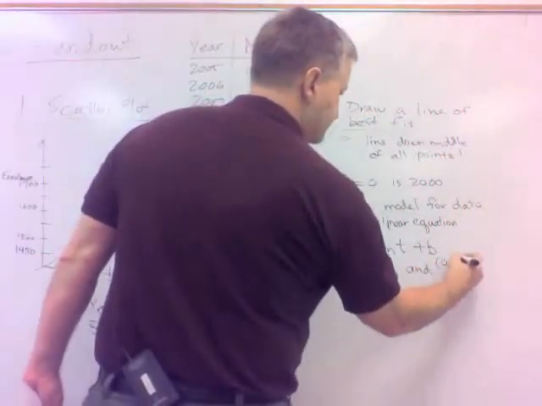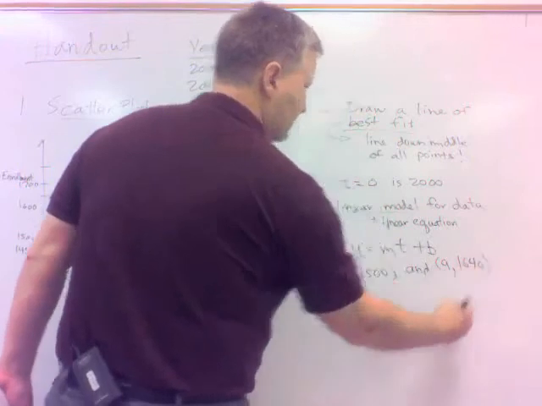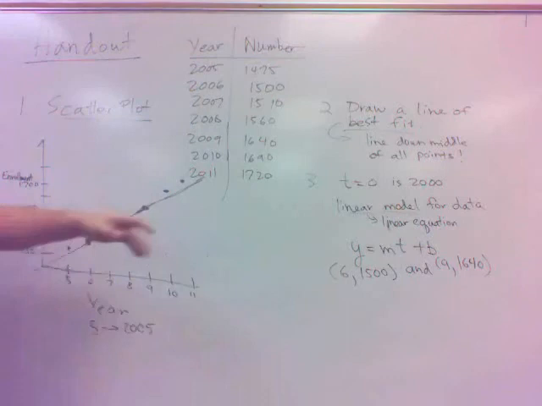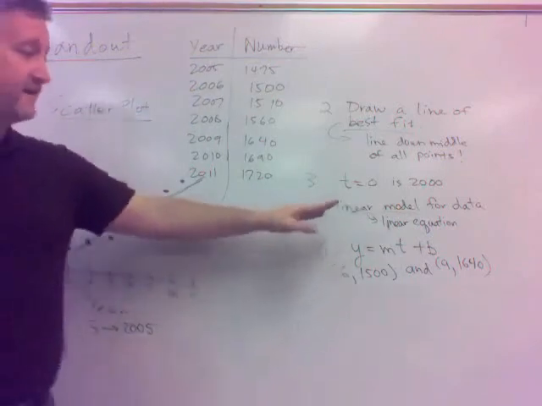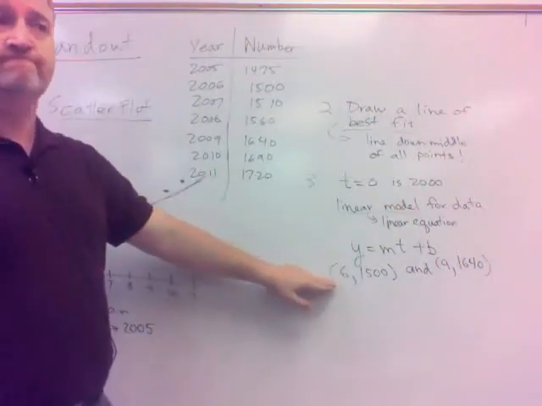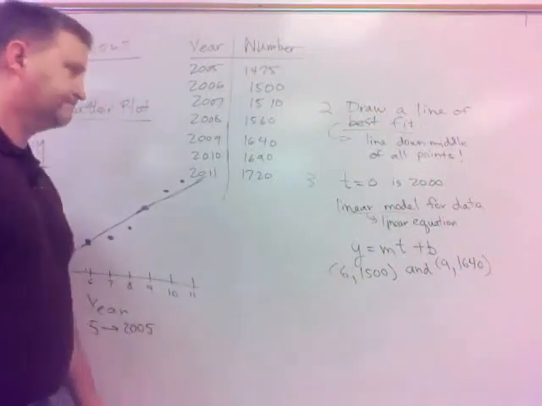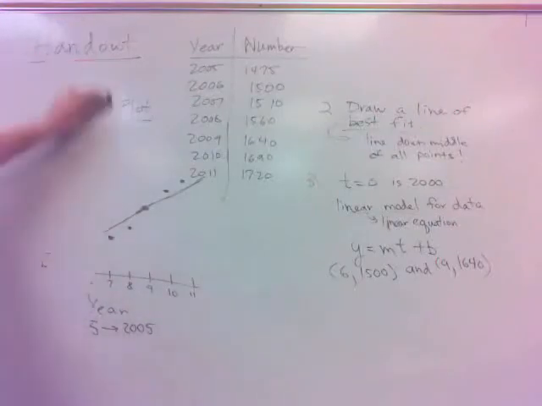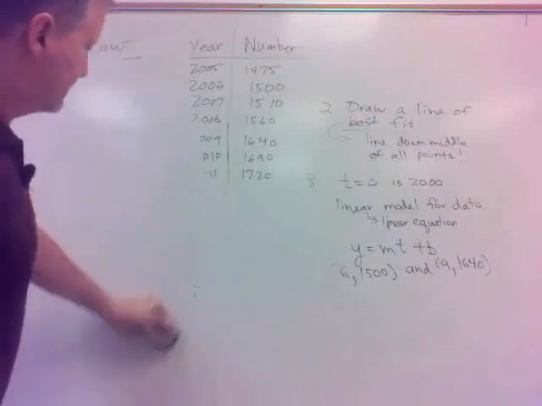So let's put it in point form there. Now, doesn't this look just like what we were just doing? Find a linear equation off of these 2 points. Isn't that what we just did? We just did that. All right, so how do we do that? So we're done with that.